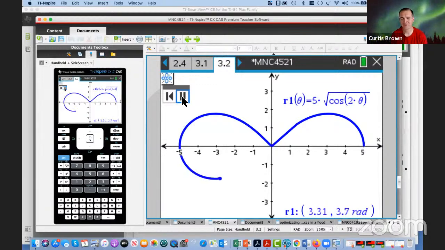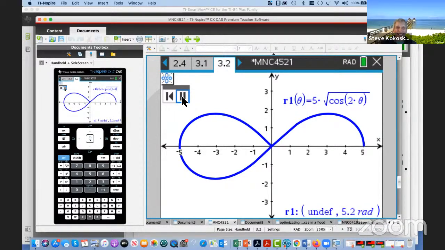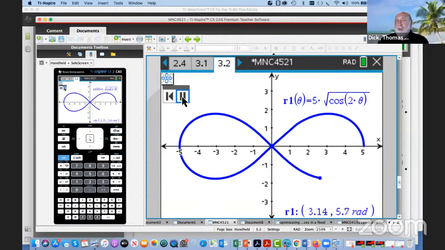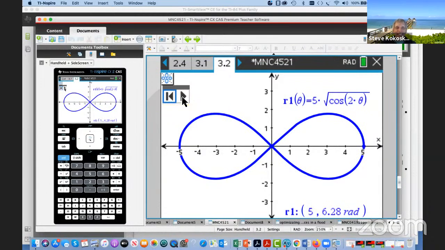This one is kind of interesting because it doesn't go how you think it would go. You would think the normal way you make a figure 8 is you do that cross. Notice we got the whole graph here with only 0 to 2 pi, which is kind of nice.